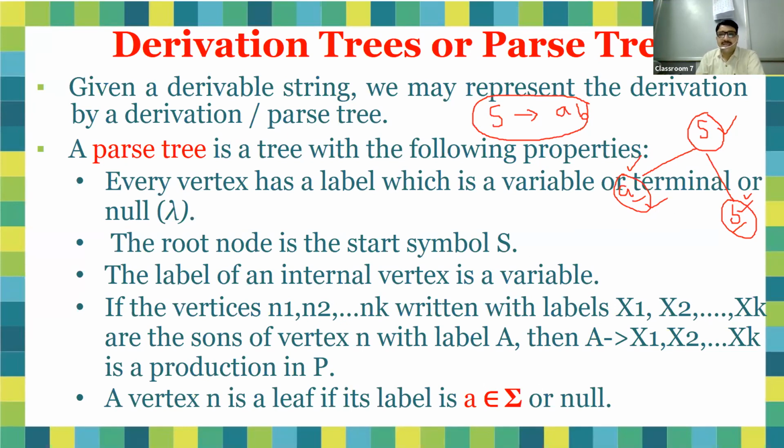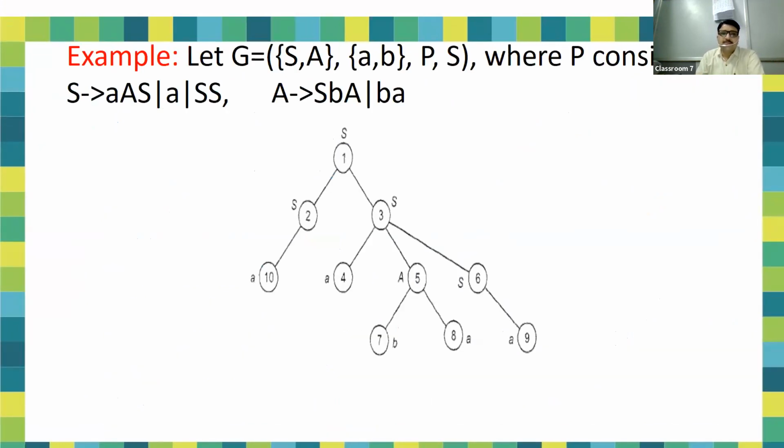Now, let's start with an example. Suppose a grammar is given to you. In this case, the grammar G is equal to ({S, A}, {a, b}, P, S). You can compare it with the defined tuples, that is Vn, what else is in the tuple? Sigma, P, and S, right? These are the four tuples used to represent a grammar.